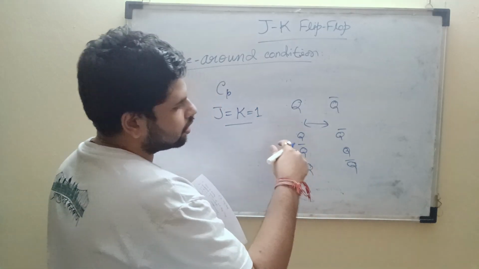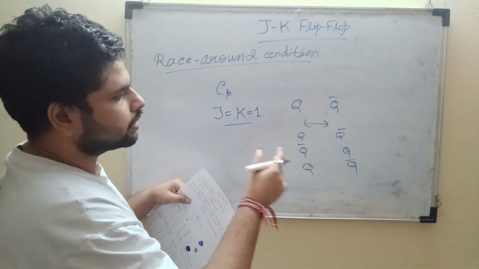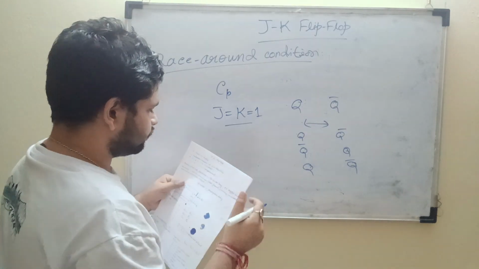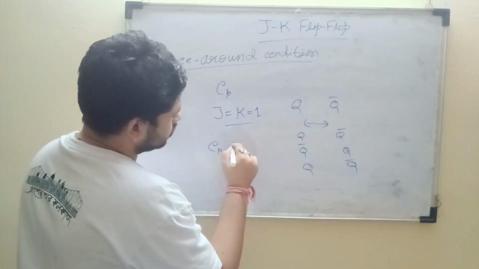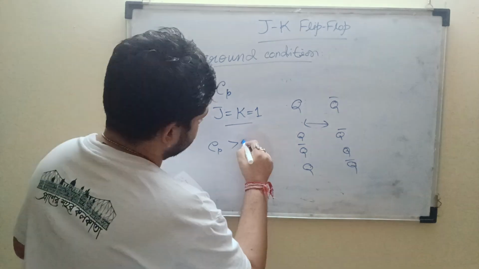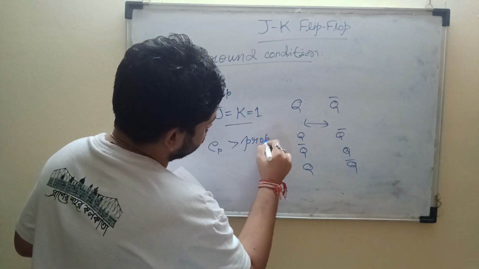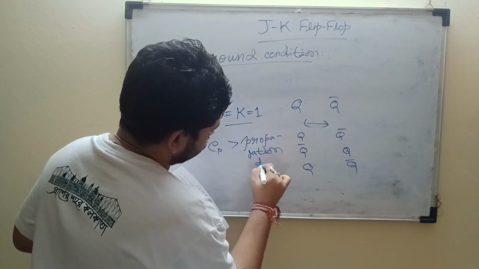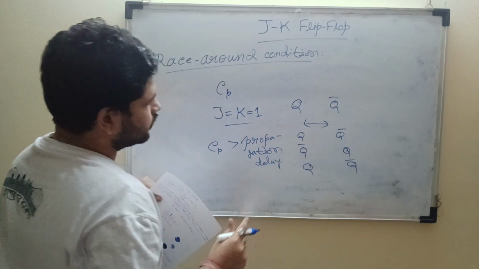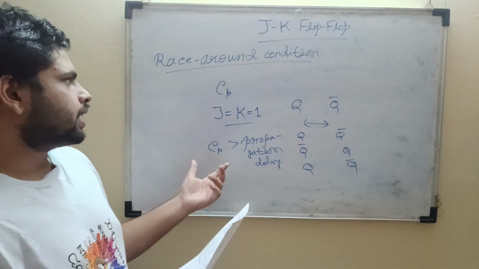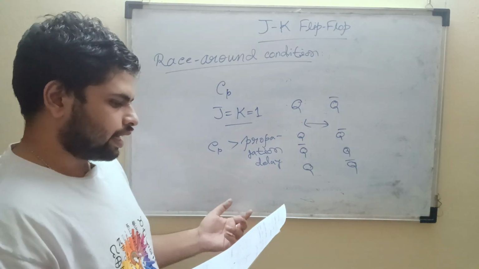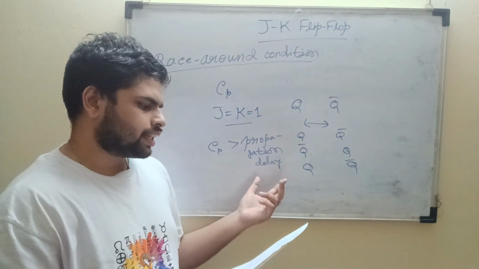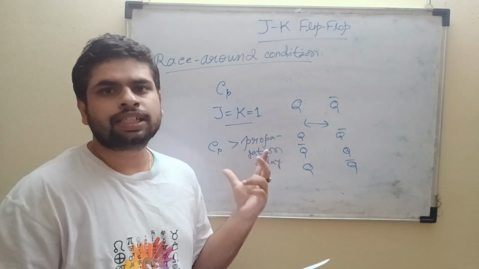So the complements are toggling between each other. When the clock pulse CP is greater than the propagation delay, a race around condition occurs. In that condition, both the outputs of the JK flip flop toggle multiple times.